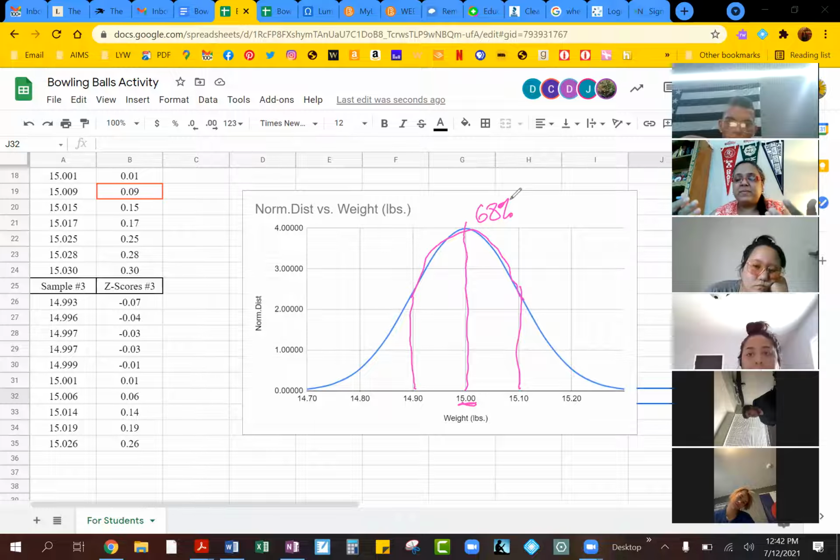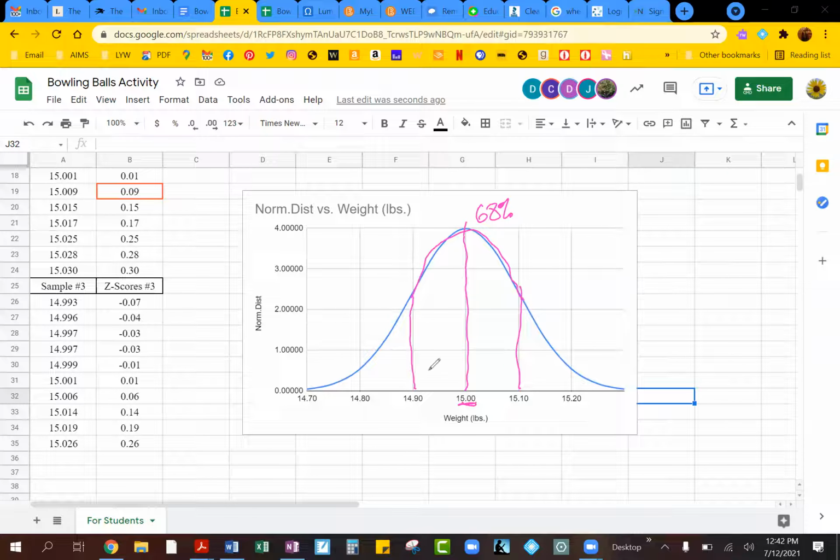If you were this manufacturing company, you would have to think about how to improve your accuracy. Is there something they can do in the production process that would help them increase their accuracy? If they follow the normal curve, 68% of their production will be within that weight range, and the rest is going to fall outside of it.